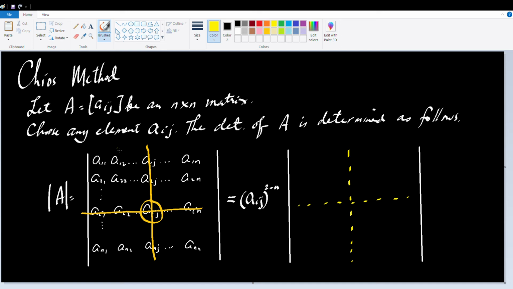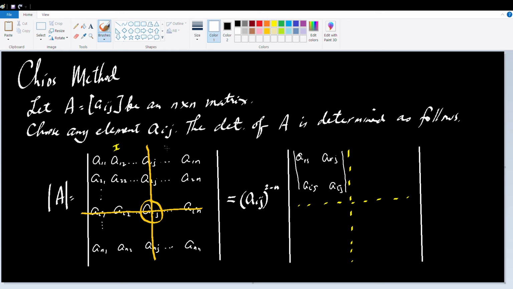For the first quadrant here, each element Ars will be replaced by a 2 by 2 determinant: Ars, this is the location of your Aij, Arj, Ais.